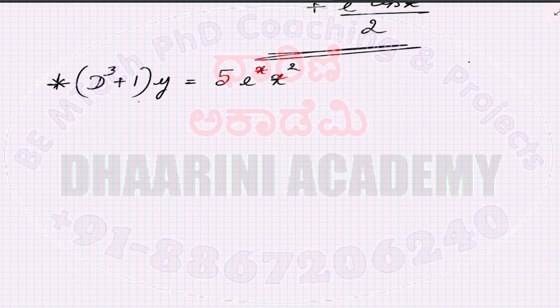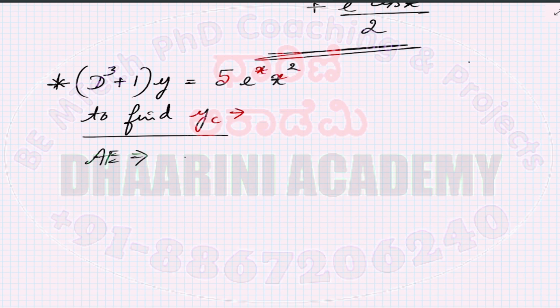we'll write the auxiliary equation in order to find the yc. The auxiliary equation is going to look like m cube plus 1 is equal to 0. Right, so this is a cube term, so we need to guess one of the roots.